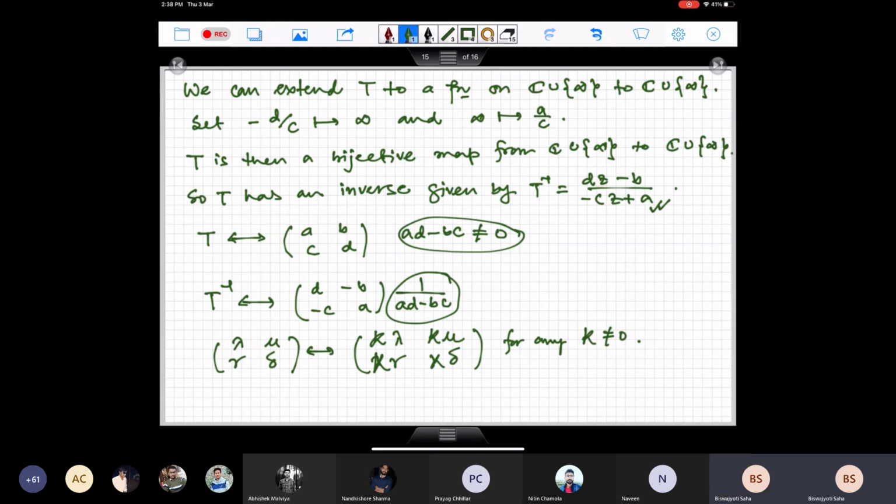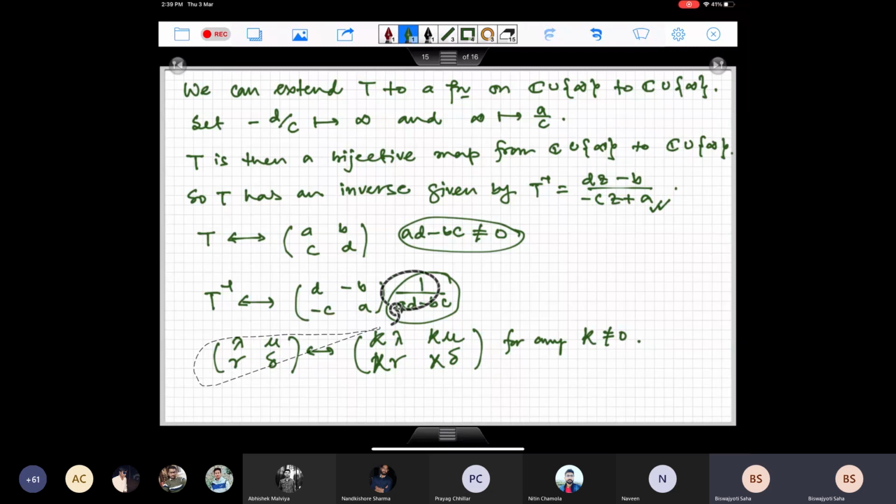All of you agree with that? That if you have a matrix and you just multiply that matrix by some fixed scalar, all the entries, then you are going to get back the same Mobius transformation, right? There will not be any difference whatsoever, isn't it? Yes, sir. So therefore, actually, the scalars do not matter.